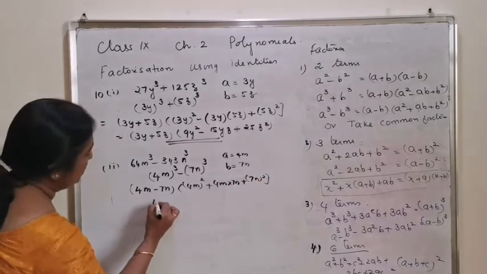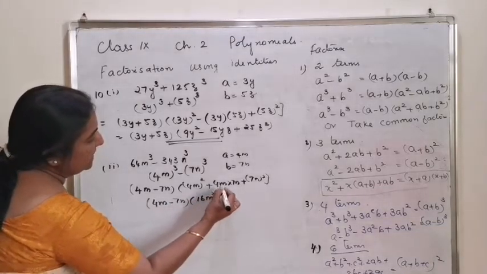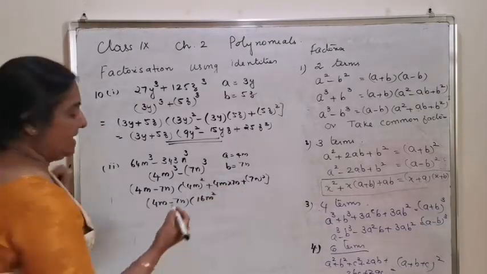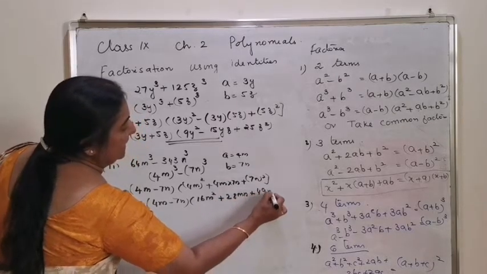The final answer is (4m minus 7n) into (16m square plus, 4 7s are 28, 28mn plus 49n square).